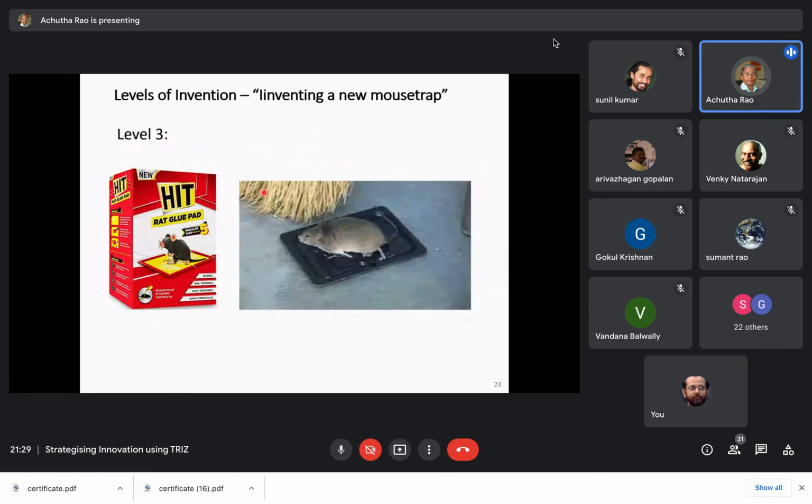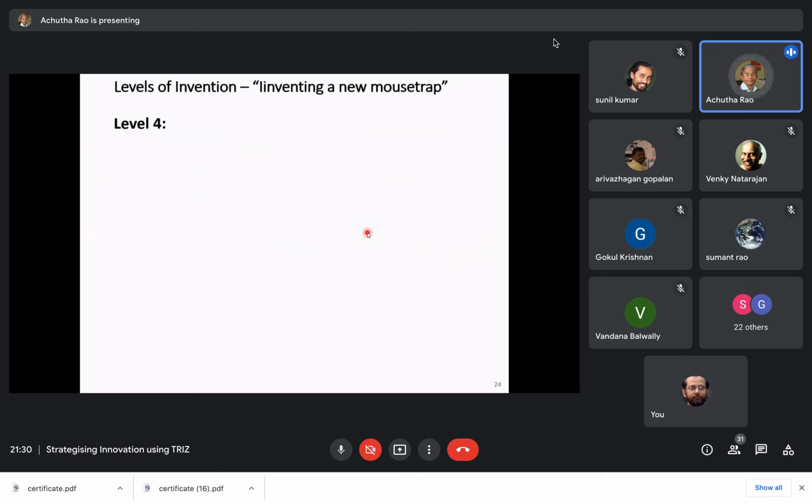So now level 3, now I am not using any tripping mechanisms, springs, etc. So I am looking for a resolution of a physical contradiction. That means I use an adhesive tape, which I hope is already sold. These are sold. Most of you might be familiar. So level 3. Now what could be a level 4 solution for a mouse trap?